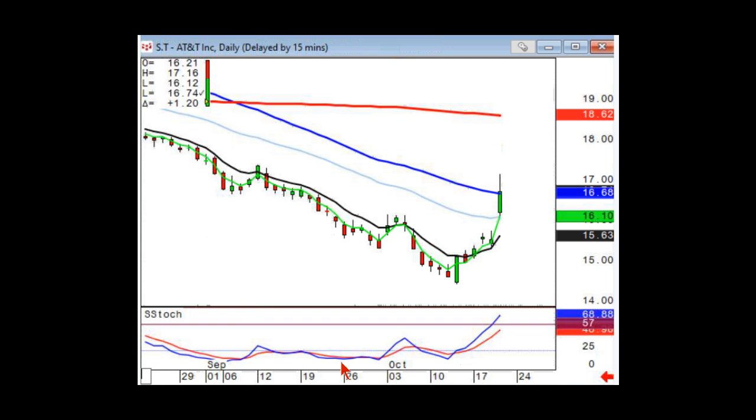So one night I just fiddled around with it and figured out where the bottoms occurred, correlating with stochastics. I tried 13-5-2, 14-3-5, 12-5-4, and after about 30 minutes, came up with 12-3-3, and that seems to have worked for the last 30 years.